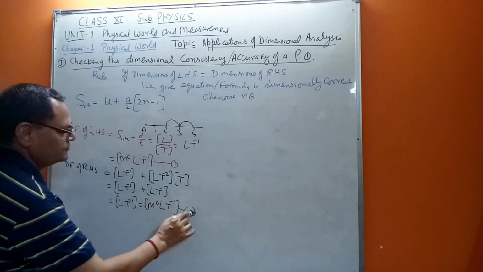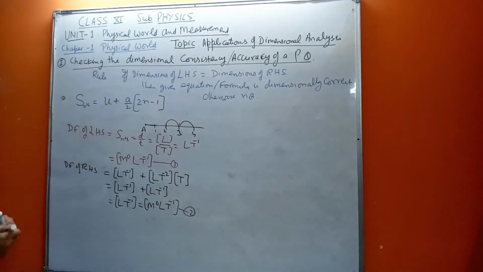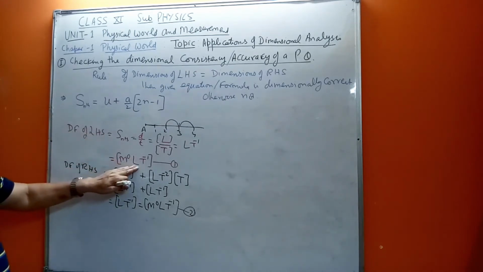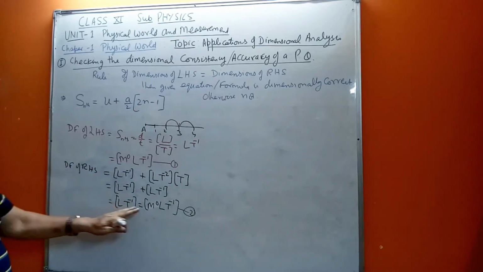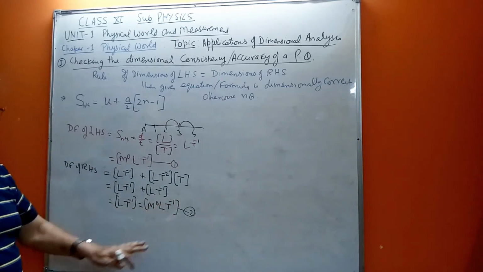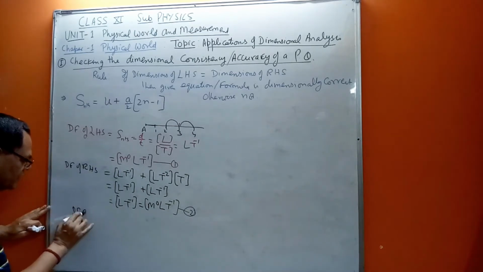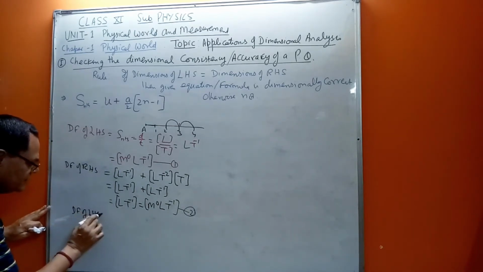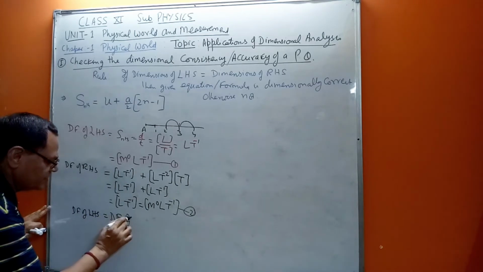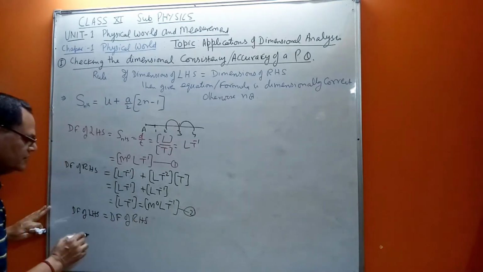So this is number 2. Again we find that the dimensional formula of the LHS, that is M0 LT minus 1, is equal to M0 LT minus 1, which means the dimensional formula of the LHS is equal to the dimensional formula of the RHS.